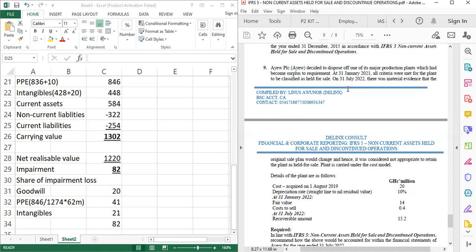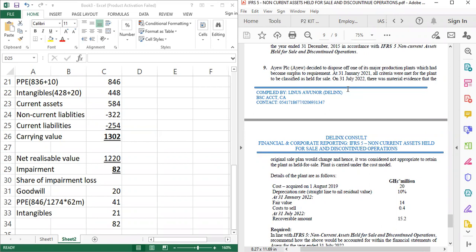All criteria were met for the plant to be classified as held for sale. On 31st July 2022, the original sale plan would change, hence it was considered not appropriate to retain the plant as held for sale. Plant is carried under the cost model.